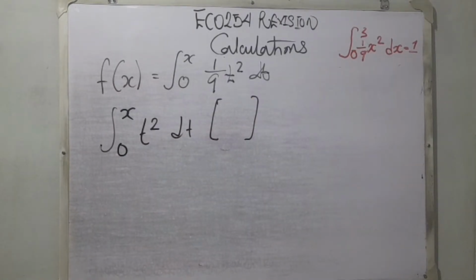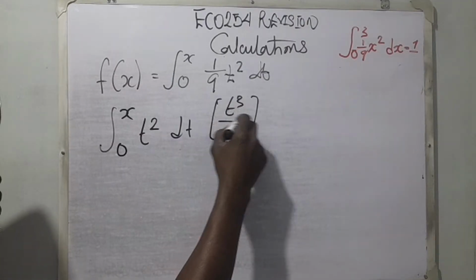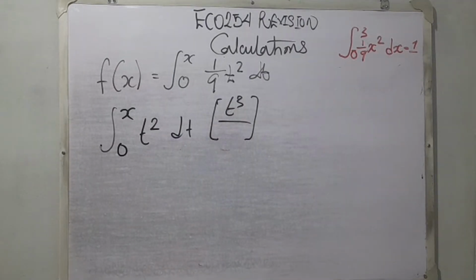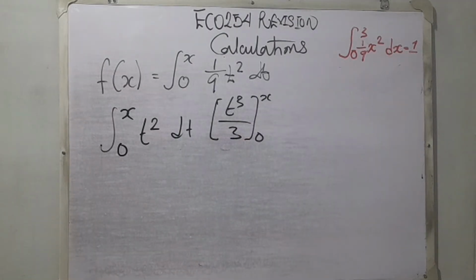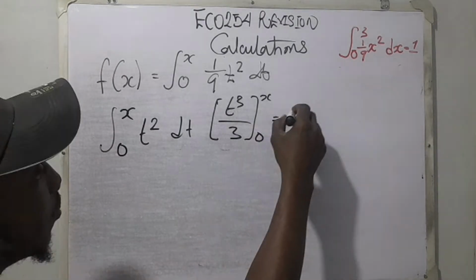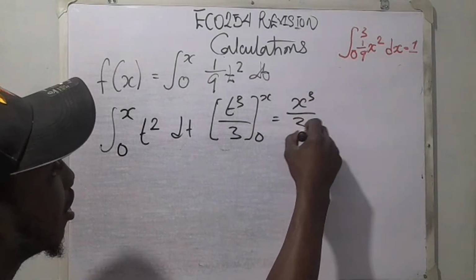Remember, we're using 3. We have our x, which we ended up with x raised to the power of 3 under 3.